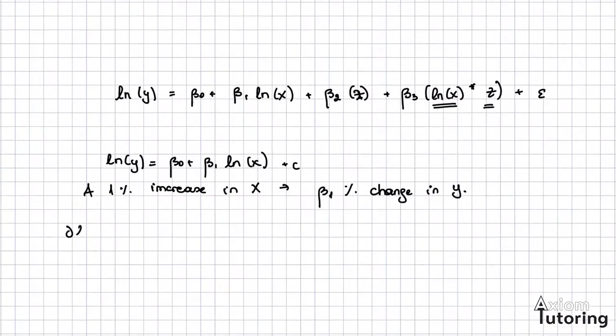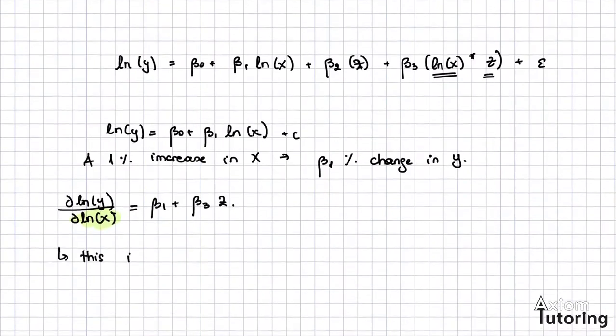So if I had the derivative of ln y with respect to ln x, I'm going to have simply beta 1 plus beta 3z. Okay? Because the derivative, again, is with respect to ln x. So if ln x is my unit, I'm going to simply have, in the end, beta 1 plus beta 3 z. And this is the elasticity of y.